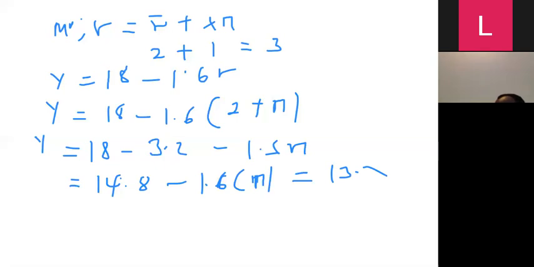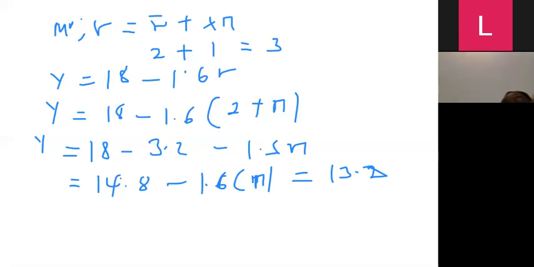So the next one, we are going to look at the impact now. We know that the new Y is now 13.2, and in the previous section, it was 14.8, right?